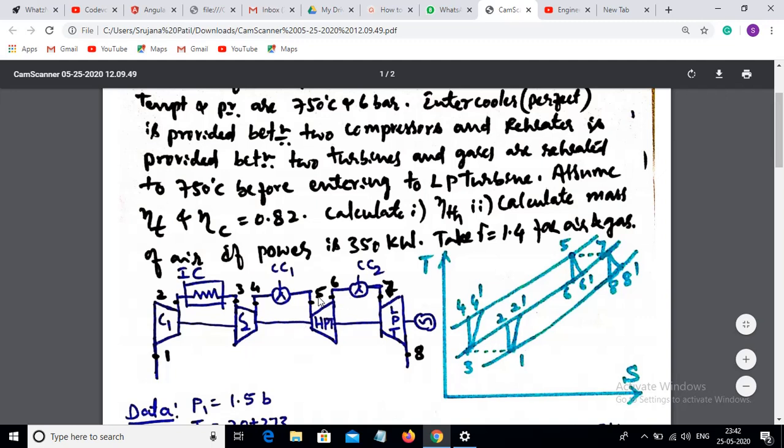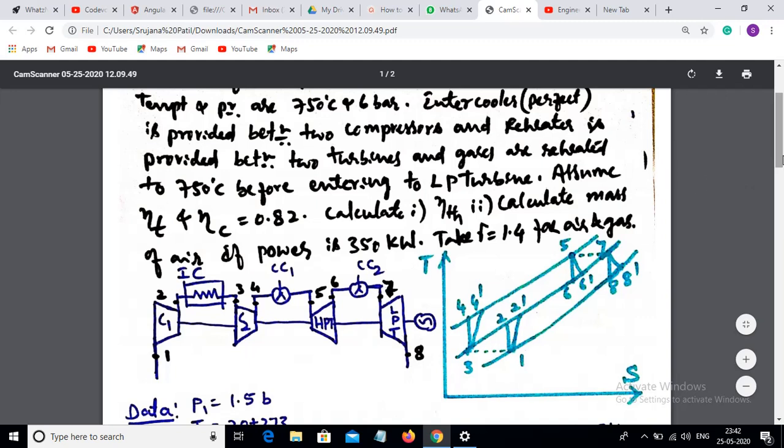T5 is 750 degrees centigrade and hence T7 is also 750 degrees centigrade. At a pressure of 3 bar and temperature of 750 degrees centigrade, the gases will expand in the LP turbine to the pressure of 1 bar and temperature T8 dash. This value must be calculated.